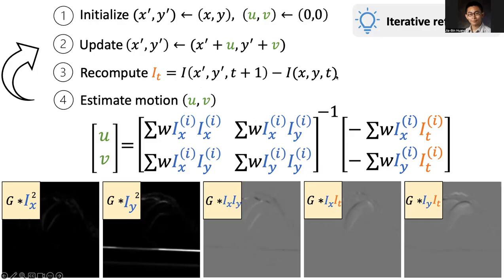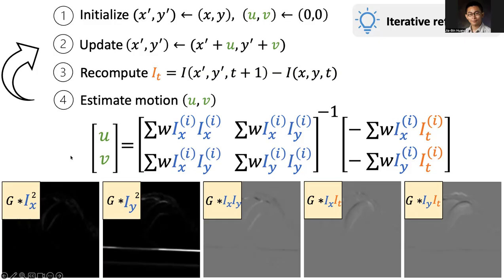Imagine that you actually land at the correct x prime, y prime. What is this value? Based on the brightness constancy assumption, this will be the same as this, so it will be 0. If you have the correct motion, then IT will be 0, 0.